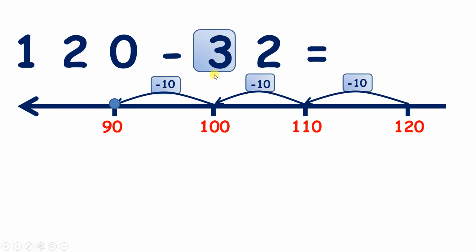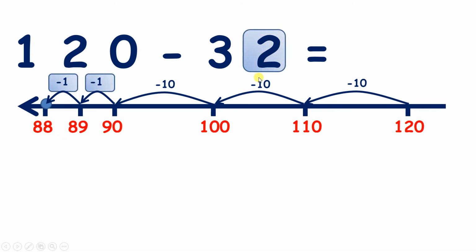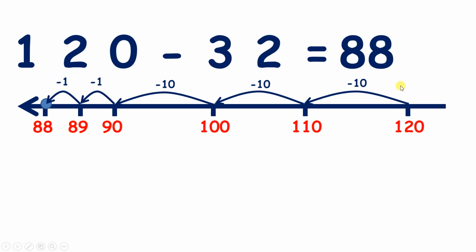So we've subtracted 3 tens. Now we need to subtract 2 units. So if we count back 2 from 90, we have 89 and 88. So now we've taken away our 2 units and we have our answer, 88.